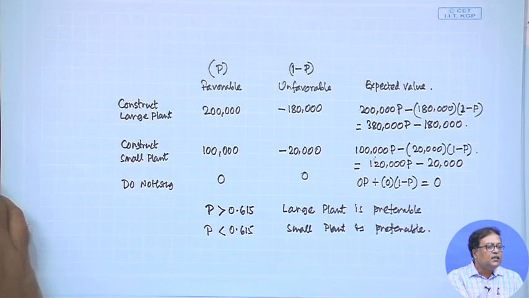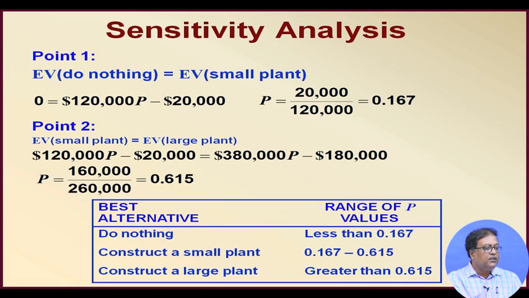That is the significance of this sensitivity analysis. Let us look at the summary once again. Point 1: EV do nothing equals EV small plant; if we put 0, we get P equal to 0.167. So, at 0.167 probability, it is better to construct a small plant rather than do nothing. Point 2 is EV small plant equal to EV large plant; if we equate, we get P equal to 0.615.